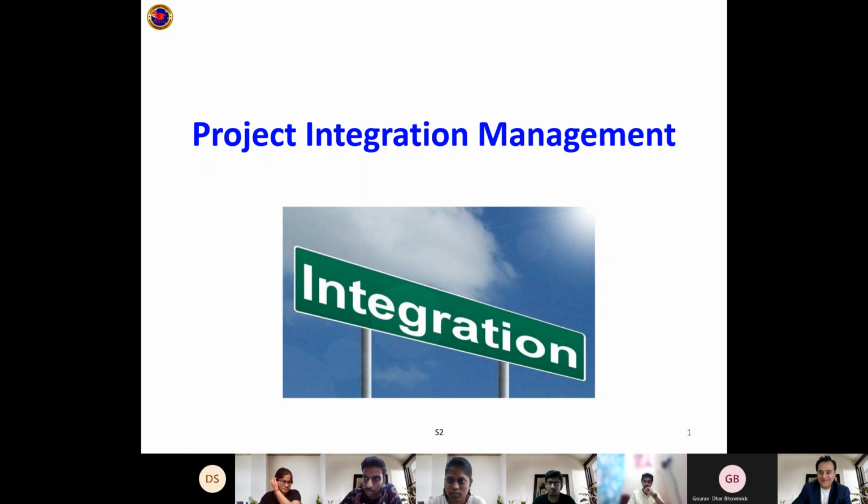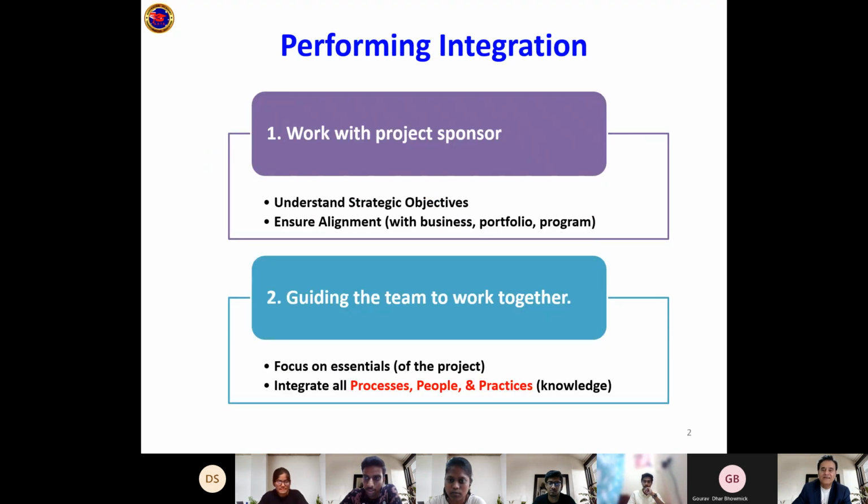So this is what I said: the integration function, very broadly, your job will be to talk to the sponsor and talk to your team. Under the sponsor, basically the strategic objective and the alignment. And under the team, you will share with the team the essential focus of the project.